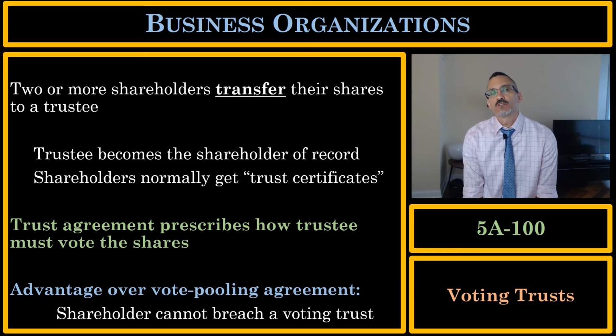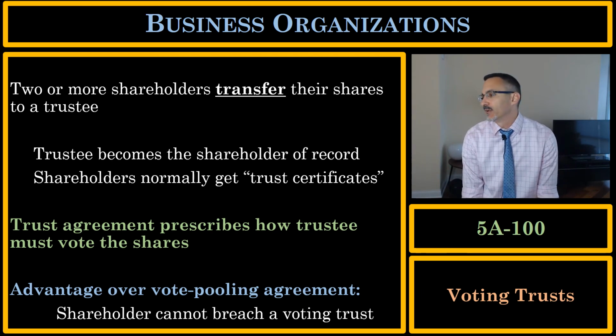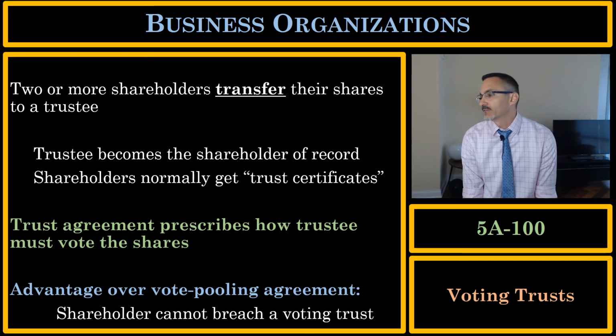So it's very similar to a vote pooling agreement in that the parties are entering into this voting trust so that they will vote their shares together as a block. There is an advantage over the shareholders agreement. The shareholders cannot breach a voting trust.